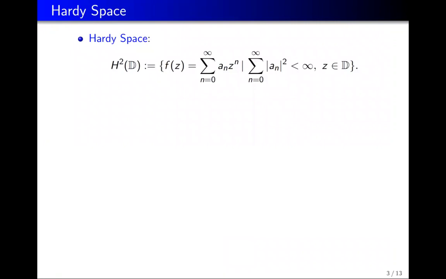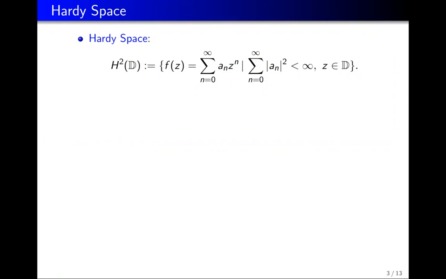This Hardy space consists of holomorphic functions on the unit disk which have a power series expansion like this, sum of a_n z^n, such that the coefficients of the power series are square summable. That's the condition you put.